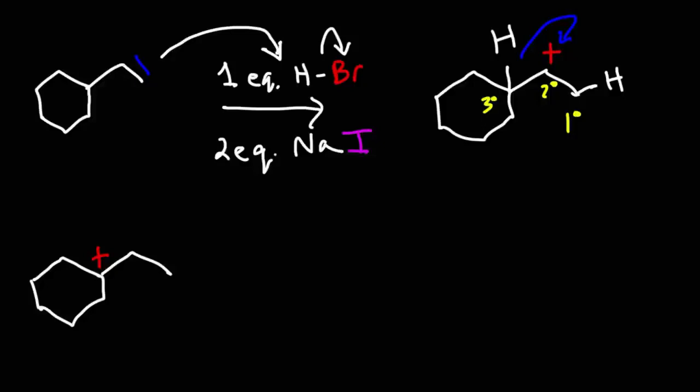Now what's going to happen here? We're going to get 2 different products. One possible product is that the bromide ion could react with the carbocation. If that happens, we're going to get this product.